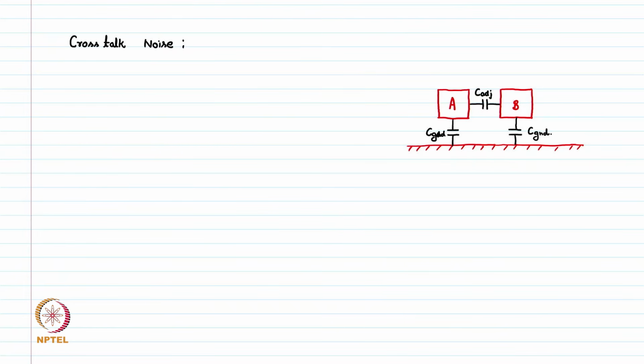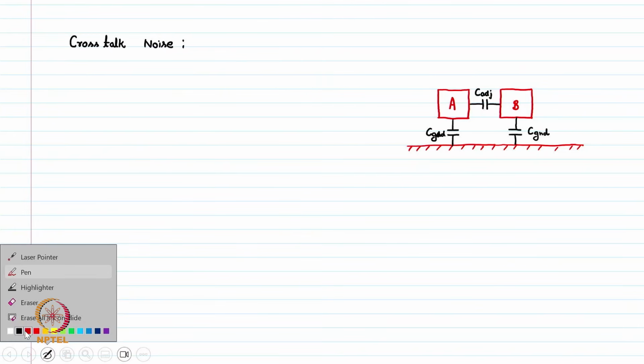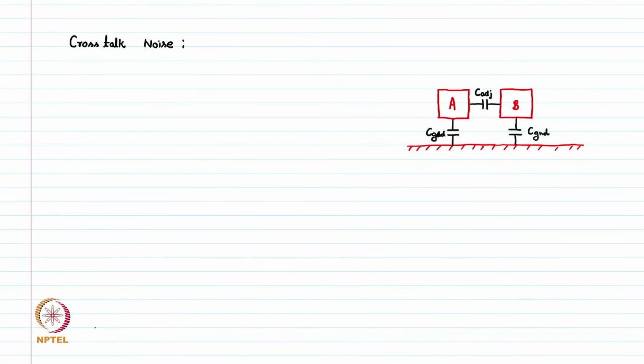Now in this system, the crosstalk can cause noise on non-switching wires. So in this system we have two wires A and B.